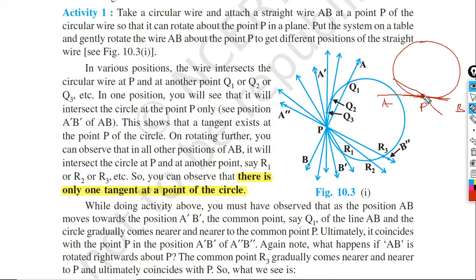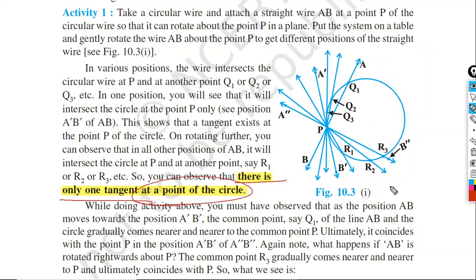First at P, you fix the point P, then it will intersect another point, say Q. If you bend this line AB towards this side, then it will intersect the circle at another point, say R. If you make this line AB straight so that it touches the circle at only one point, that is P, in that case only we can say the line is a tangent. Therefore we can say there is only one tangent at a given point on a circle.